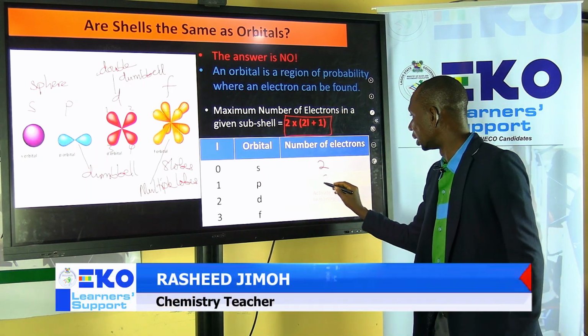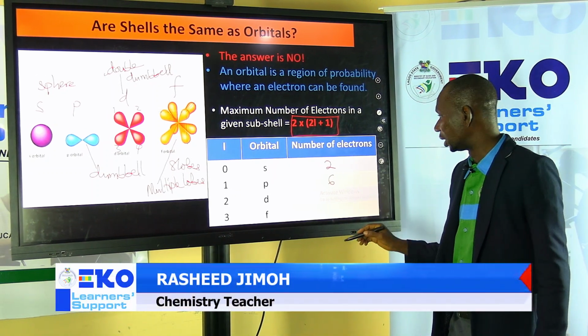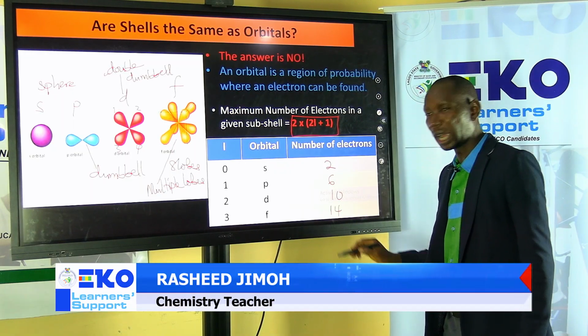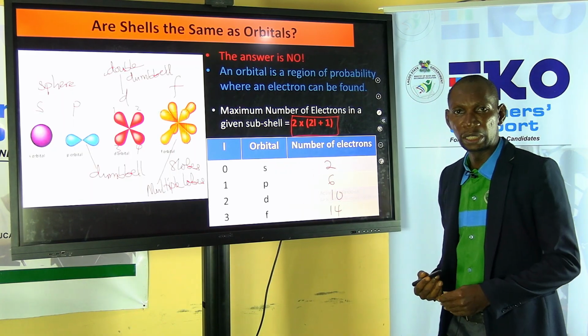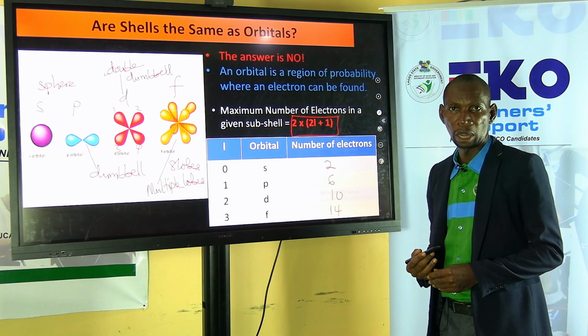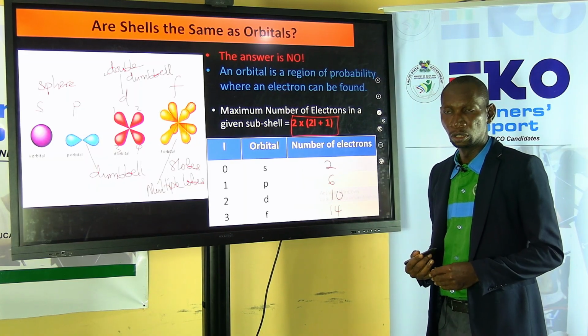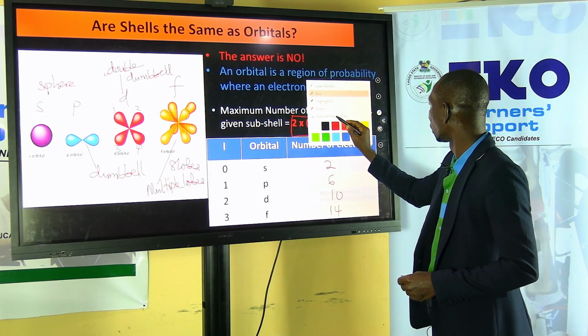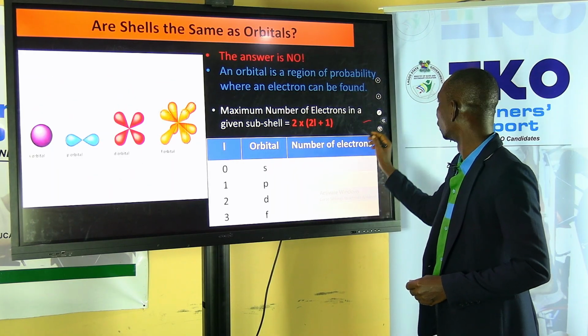For the P, it is 6. For the D, it is 10. And for the F is 14. I hope you are able to navigate your way using the formula, but that's exactly what you are going to arrive at. Well done so far. Let's move on.